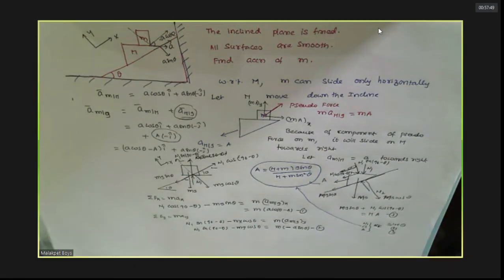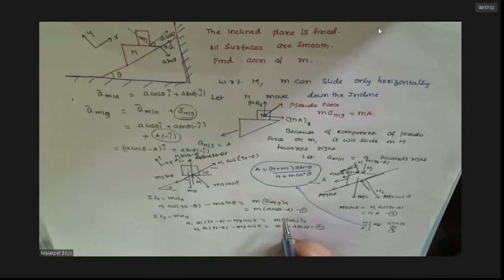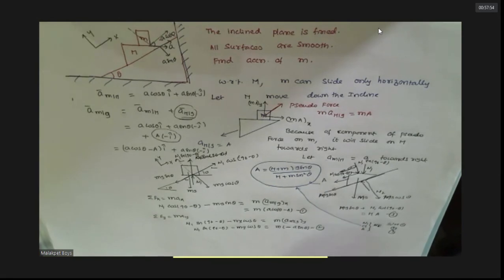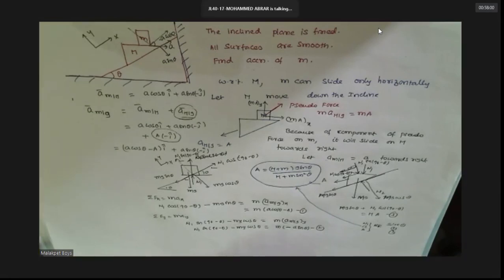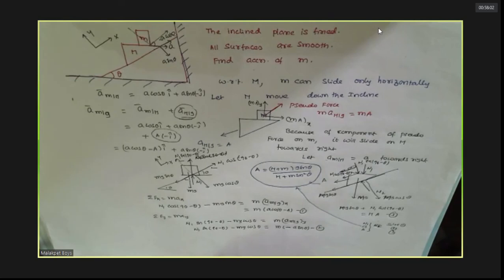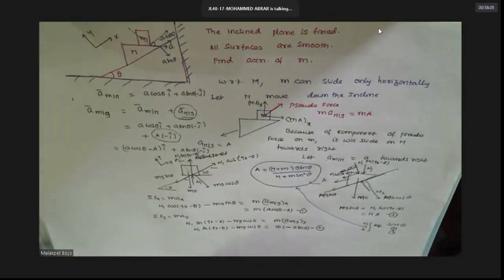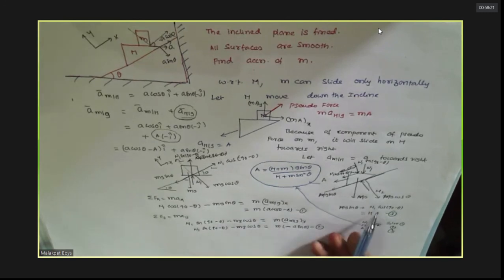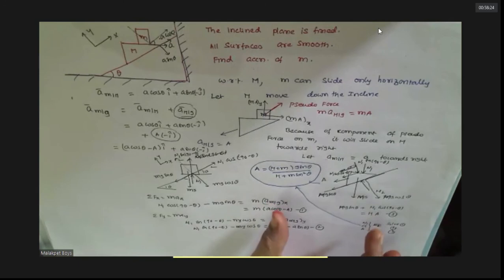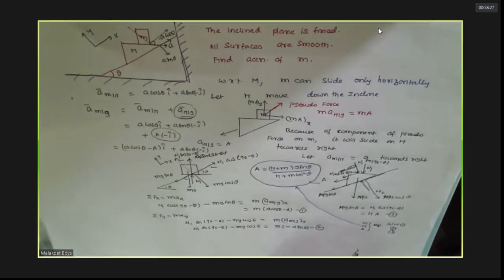Why, you can't solve? Three equations, three unknowns. One, two, three. From one we are getting mg sin theta plus n sin theta is equal to ma. From two equations, eliminate n1. Again, from these eliminate n1. That means substitute the n1 value here. Then you are having only two equations with small a and capital A, no? Two unknowns only, no?